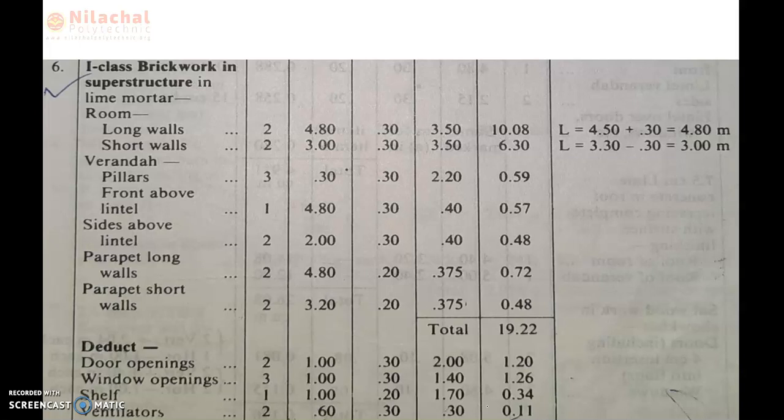So first you need to check what is the value of the room long wall and what is the value of the room short wall for first class brickwork in superstructure. We know the long wall is two numbers, short wall also two numbers, right? So we need to check what is the breadth and what is the height of the superstructure. Then we can define the length of the long wall and short wall, right?